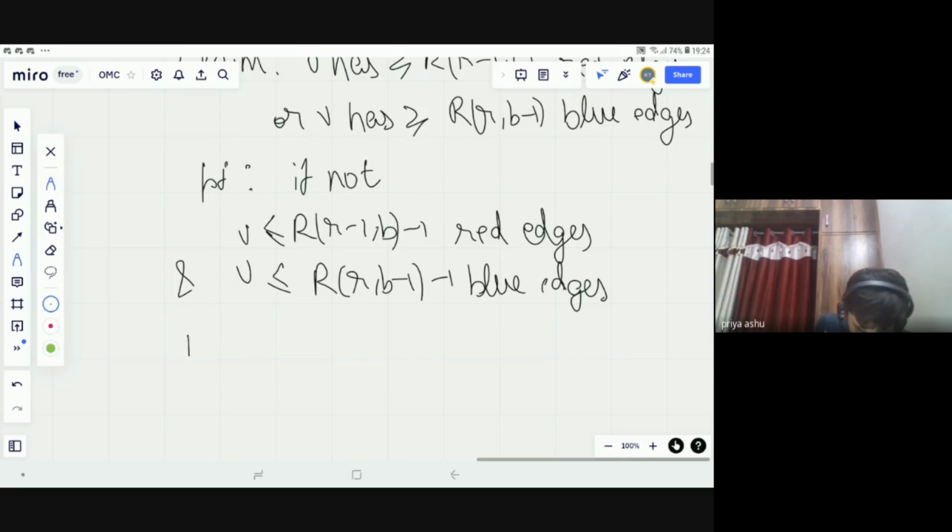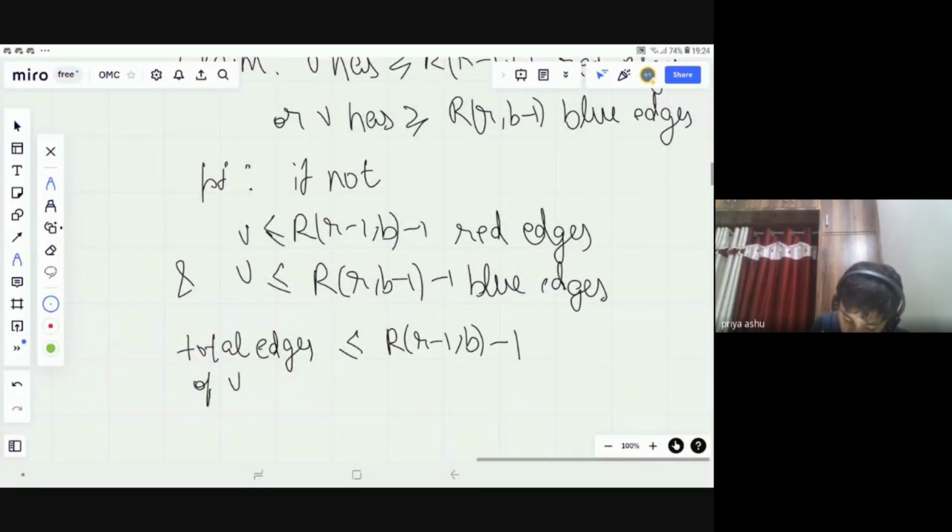So total edges of V must be at most R(R-1,B) - 1 + R(R,B-1) - 1, because the only choices of edges of V are red or blue, and we've shown that there are at most these many red edges and these many blue edges, and thus total edges of V must be the sum of these two.